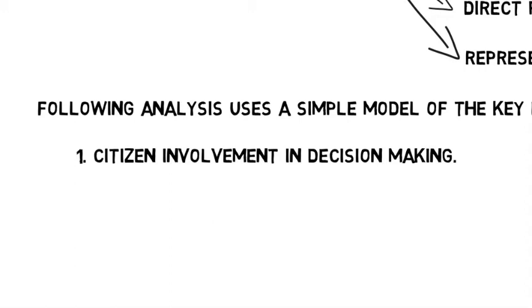Example, in Switzerland they have this system called referendum, direct participation, where if a country needs to take a certain decision they will ask citizens' opinion about it, and accordingly they will take the decision which is good for the society. So this is called citizens' involvement in democracy or citizens' involvement in decision making.